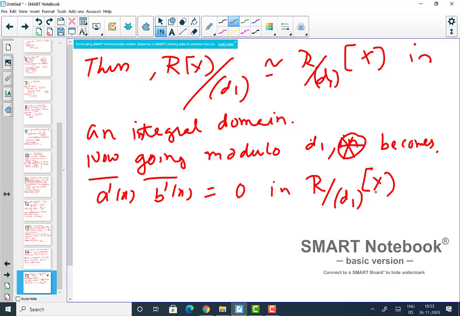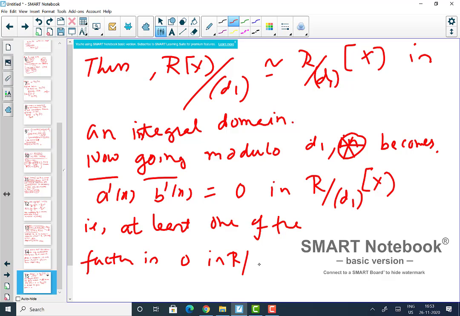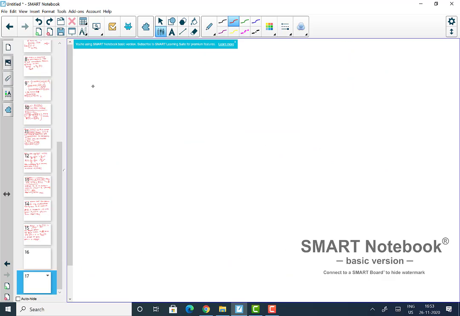So what does that mean? That means at least one of the factors is 0 modulo D1, okay, so that is at least one of the factors is 0 in R mod D1 x, and hence, so what does that mean?